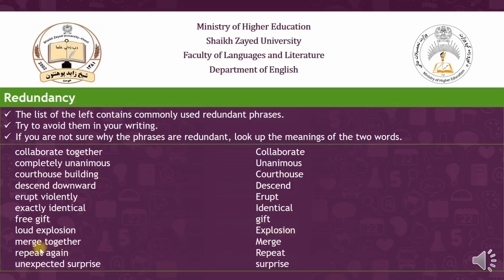And also merge together. So we are only writing merge here. And repeat again. To repeat something means you are telling it again for the second time. No need to write again here. It should be repeat.